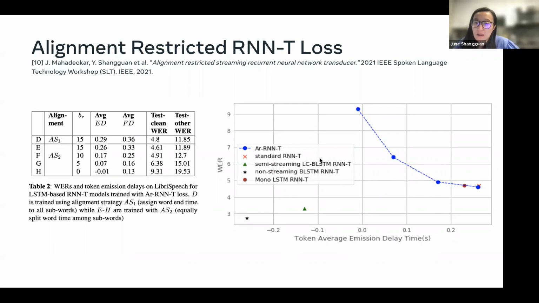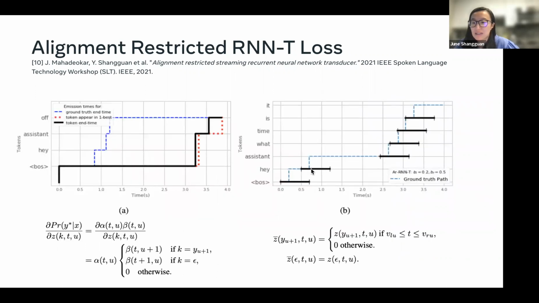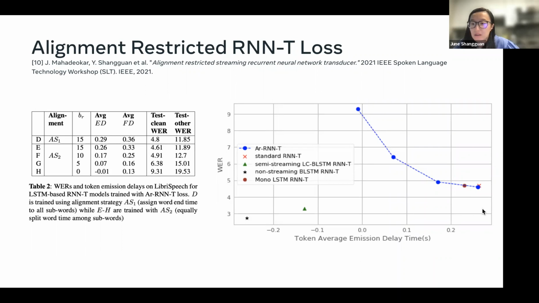We started off from a basic standard streaming RNNT, the red cross over here. And the blue line is AR RNNT, varied by the difference of the right context. Remember that right context is how much more delay I allow it to have. We started from all the right context, all the way to very little right context, as you can see from the third column here, BR.